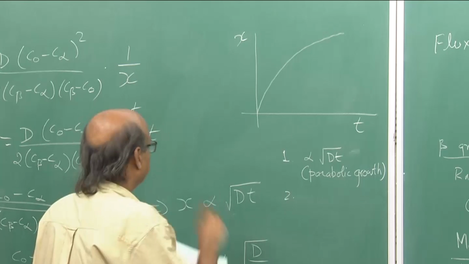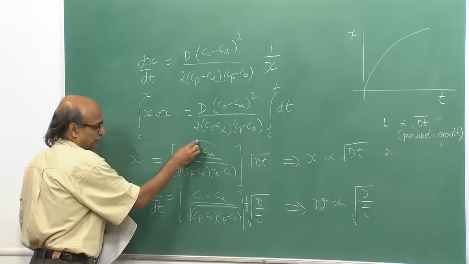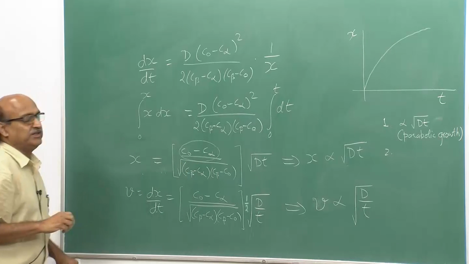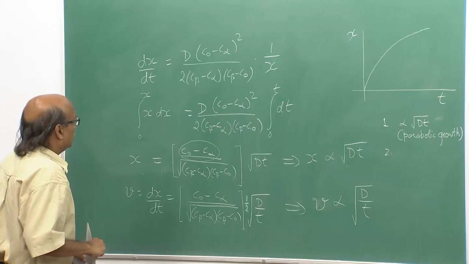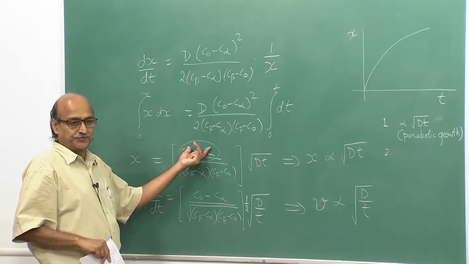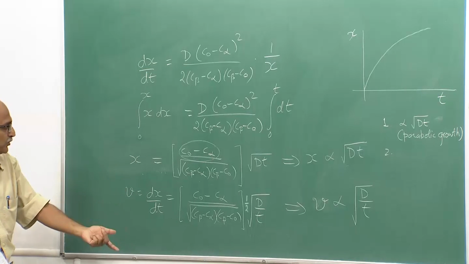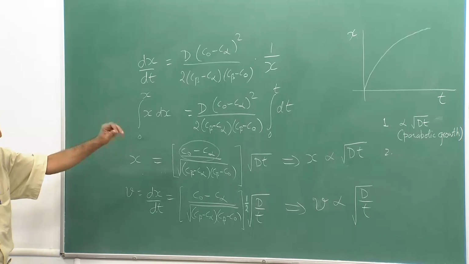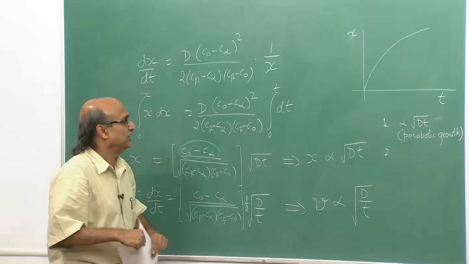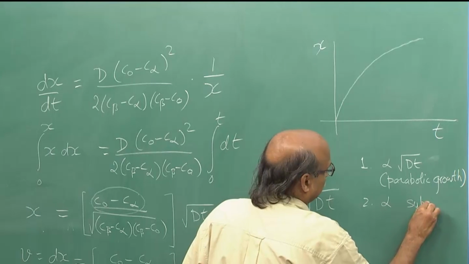Two, if you look at this, C naught minus C alpha, this is supersaturation. When you suddenly quenched from T1 to T, the alpha concentration was still C naught. So, growth is proportional to supersaturation.